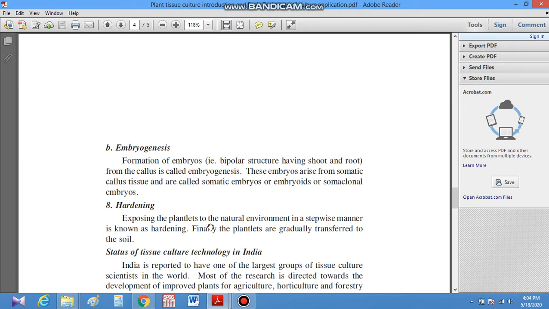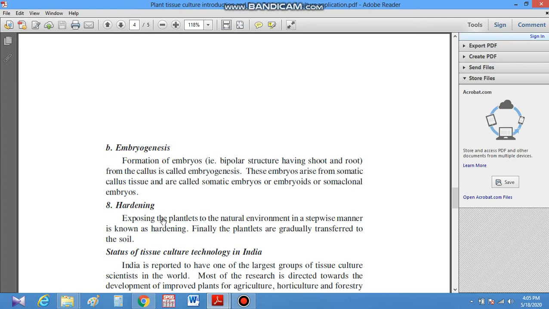Hardening is a process where plantlets are gradually exposed for acclimatization to environmental conditions like soil conditions. We can understand this by an example. In soil, nutrient concentration is very high, so when we transfer a newborn plantlet from tissue culture directly into the soil, it will die due to the high concentration of salt.